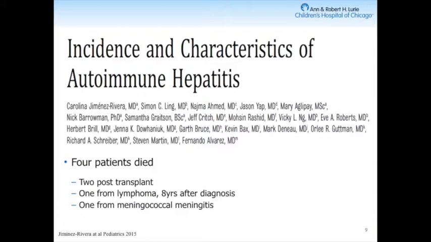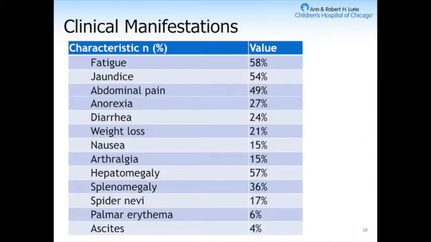They had cirrhosis in about a fifth of patients, as you guys have heard before. It's not uncommon to have cirrhosis, and 9 of their patients were transplanted. 4 of the patients died: 2 died post-transplant, 1 died from a lymphoma many years after diagnosis, and 1 from meningococcal meningitis.